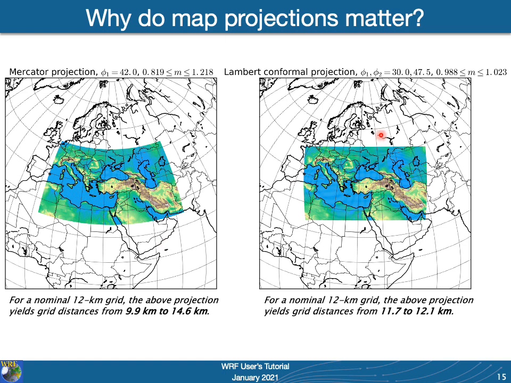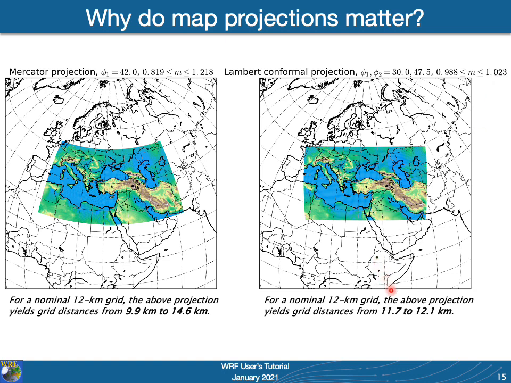Now on the right, we've set up our model domain using the Geogrid program with a Lambert conformal projection and true latitudes of 30 degrees and 47.5 degrees north. With this choice of projection and true latitudes, we get map scale factors that range from 0.988 to 1.023, so only about a 2% deviation from the ideal value.